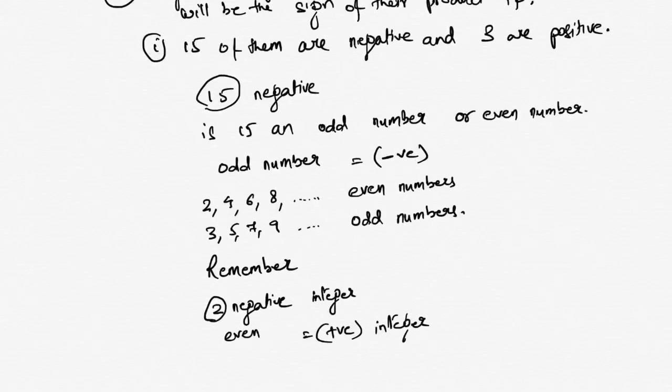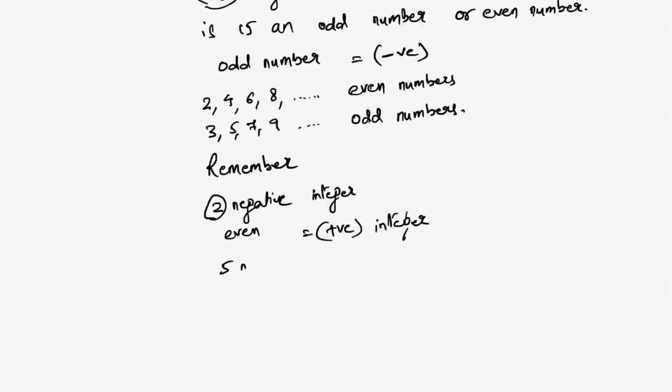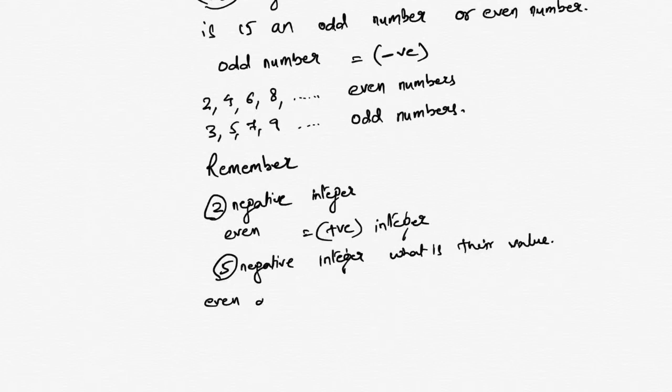Now if I say 5 negative integers, what is their value? So you see 5 is even or odd. 5 is an odd number. So when there is an odd number, it is always negative.